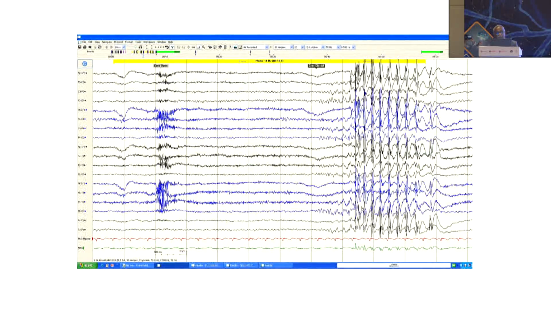Then I do the photic stimulation, and at 14 Hertz, when the eyes are closed, there is a generalized spike and wave burst, which has outlasted the photic stimulation.